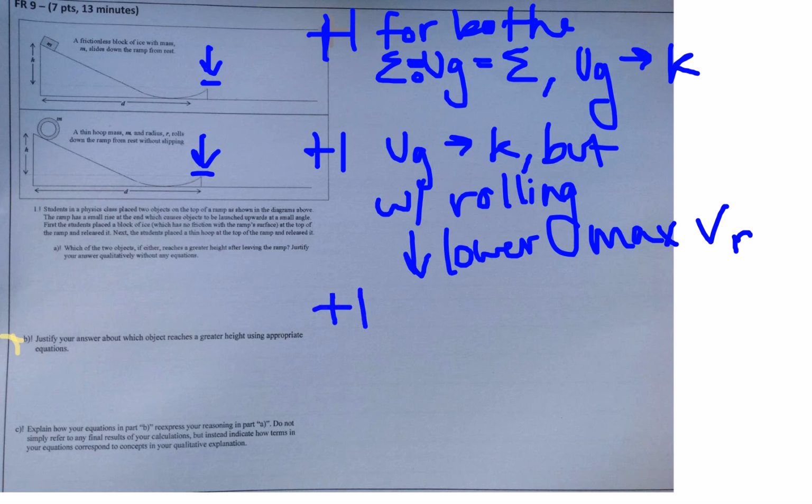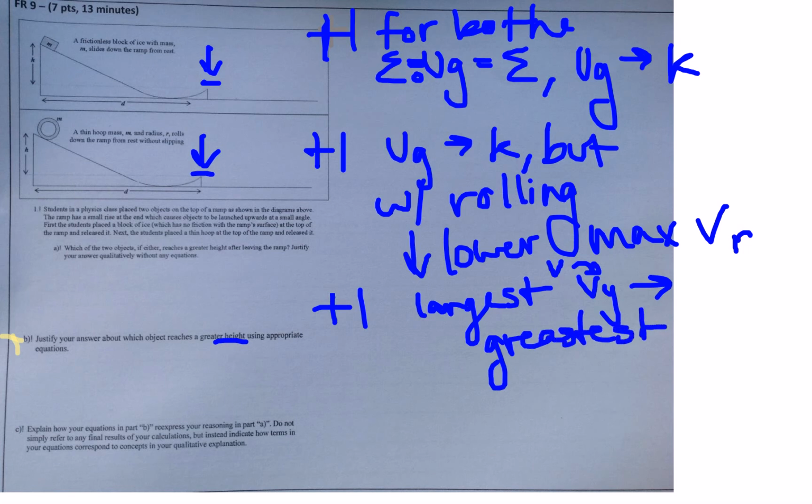And then finally, after you get those two things, you have to connect that the one with the largest velocity, and specifically the largest velocity in the y direction, because the x direction is not going to make it go up. It's specifically asking about height. So you need to specify the largest v is going to get you the largest vy, and the largest vy is going to get you the greatest height.